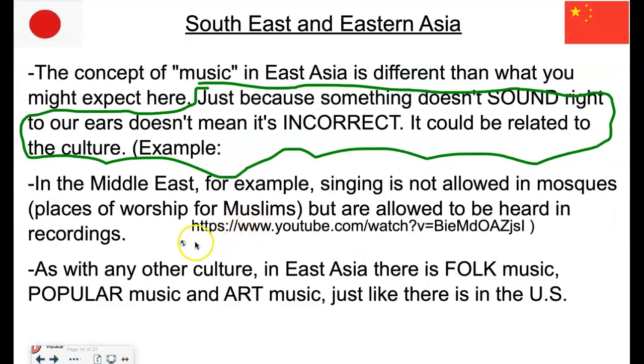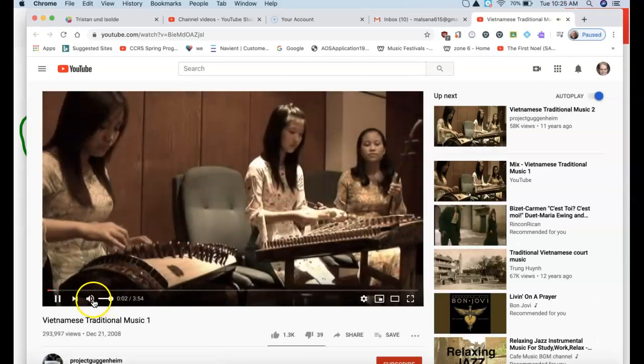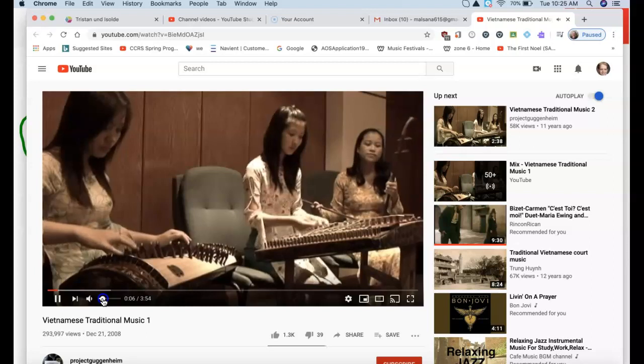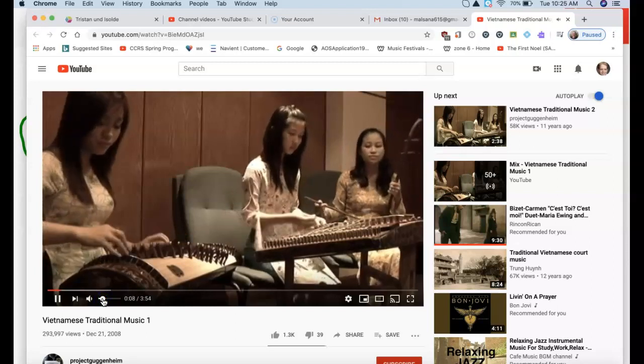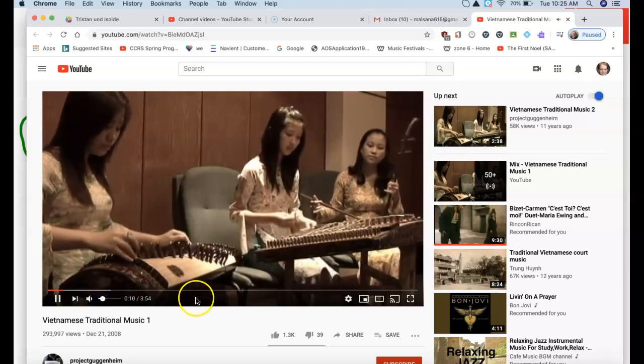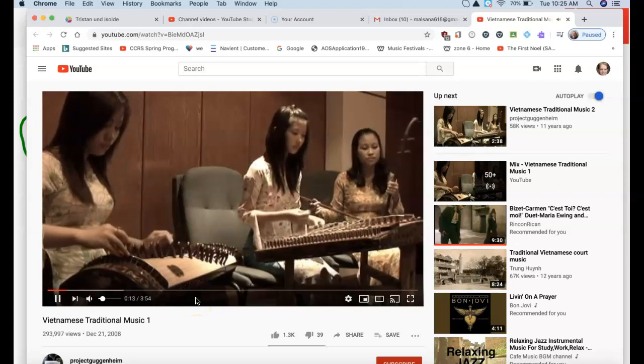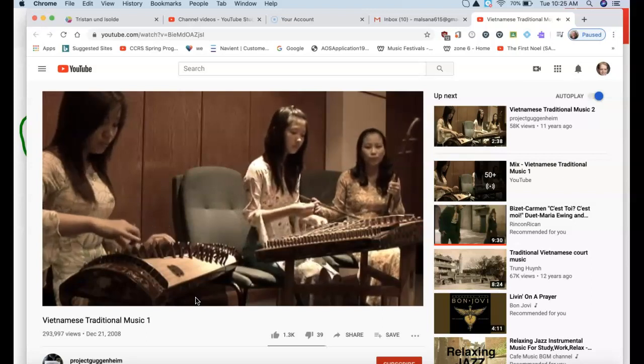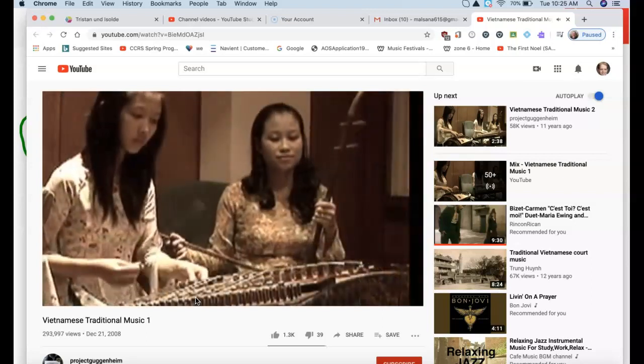at this example in the Middle East. Sorry about that. So notice how they're playing their instruments.